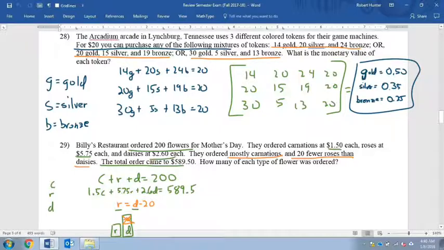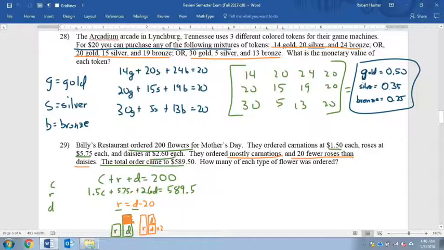Alright, and once I do that, then they're equal. The same thing is true if it says there were 2 times more roses than daisies. Well, if there are twice as many roses as daisies, then I need to multiply the daisies by 2 to get the same as the roses. Alright? So you got to kind of think about those backwards a little bit.